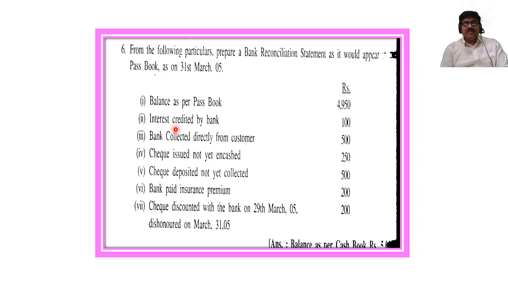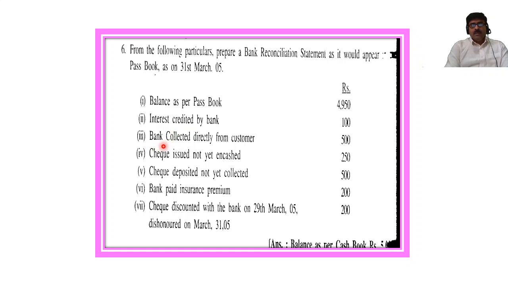So there is an increase in the passbook balance, but there is no change in the cash book balance. Now compare the passbook and the cash book. We are taking passbook as a basis. So the 100 rupees amount is excess credited in the passbook. Hence, we have to deduct this 100 rupees.